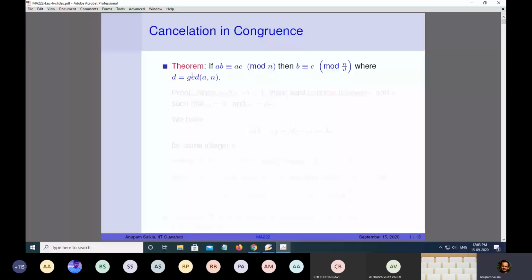So it's not that ab congruent to ac modulo n will give you b congruent to c modulo n; it is modulo n divided by d, where d is the GCD, and it is not difficult to prove. So let me just prove it first.